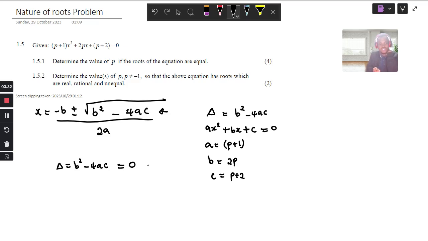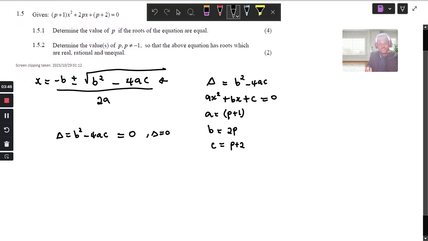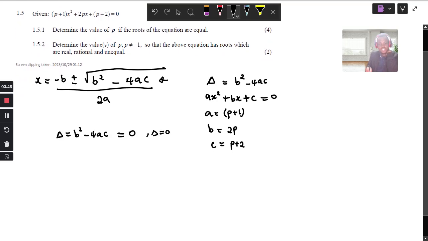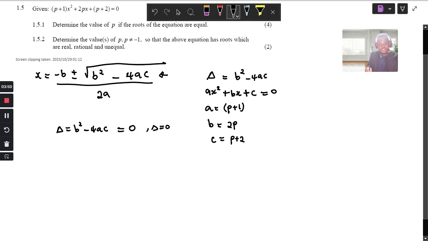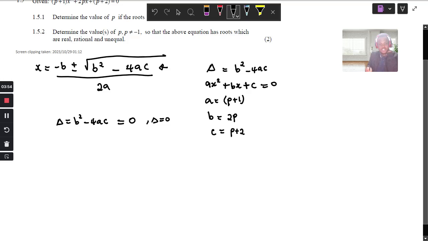Provided that we know the value of a, b and c, we are required to calculate the value of p.